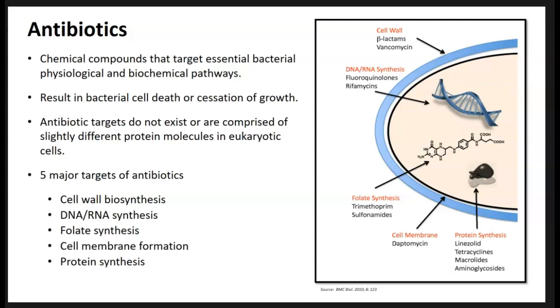Five of the most common targets for antibiotics are the bacteria cell wall, that layer of peptidoglycan, which human cells do not have, the bacteria cell membrane, which is sufficiently different in bacteria from human cells, also DNA and RNA synthesis, protein synthesis, and many important bacteria-specific metabolic pathways.